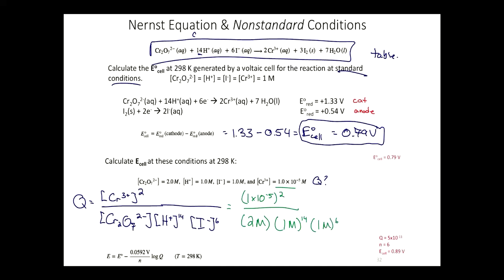We can just ignore the rest of the things in the denominator because they're 1 to an exponent. If you put that into your calculator, you get Q as a fairly small number: 5 times 10 to the negative 11. That's Q, the ratio of products and reactants of this actual given cell, not at standard conditions.